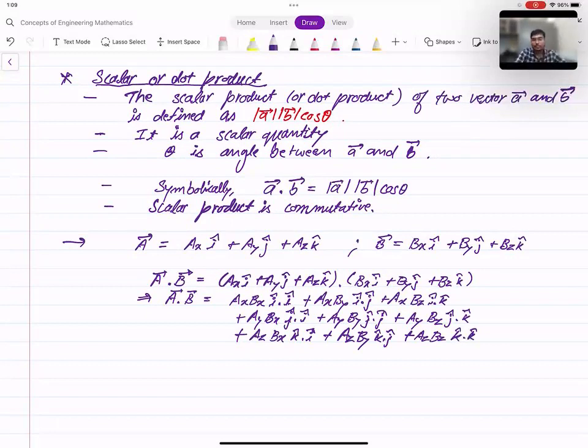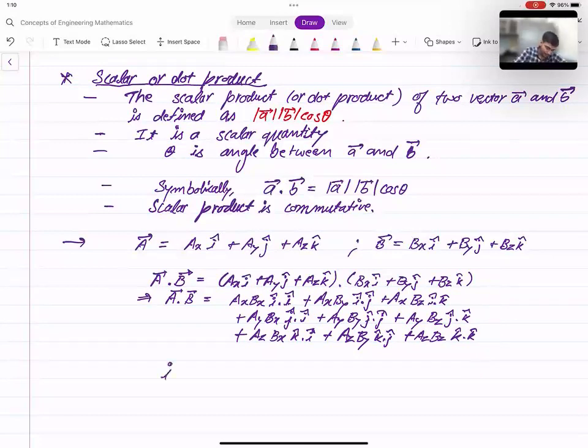Now we know that this I, j, k represent the unit vectors along the coordinate axis, and the three coordinate axes are orthogonal, which means they are mutually perpendicular. Okay, so if we multiply the unit vectors, let us see.